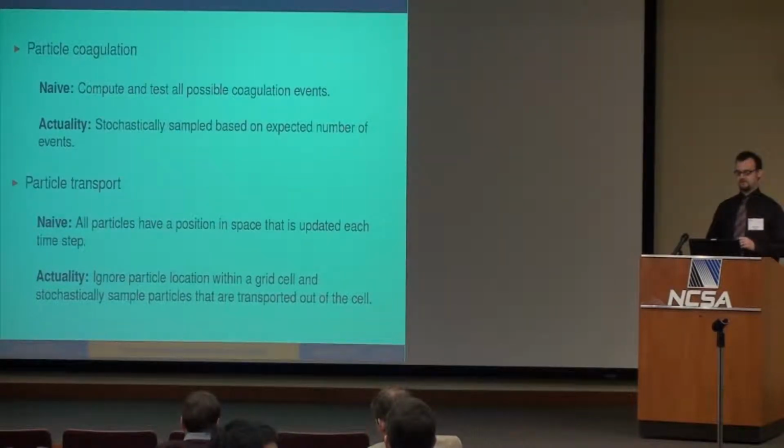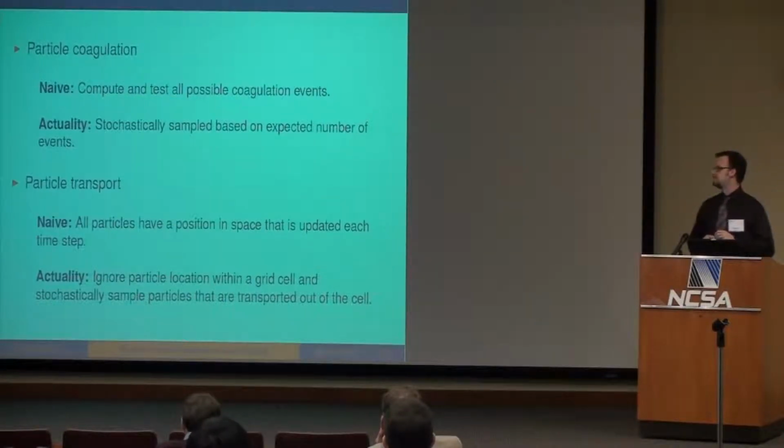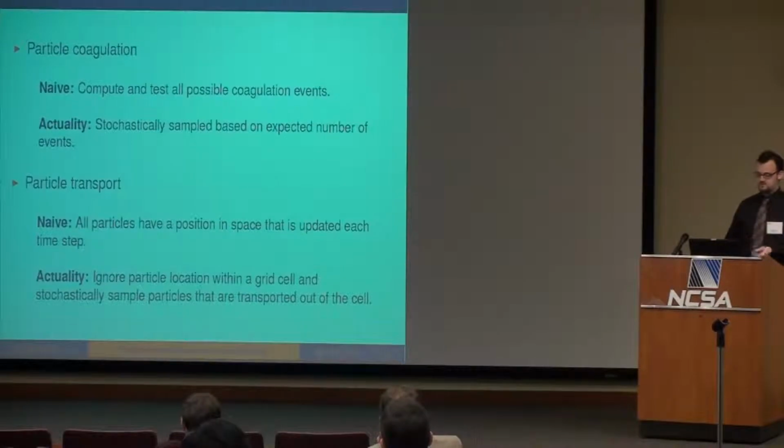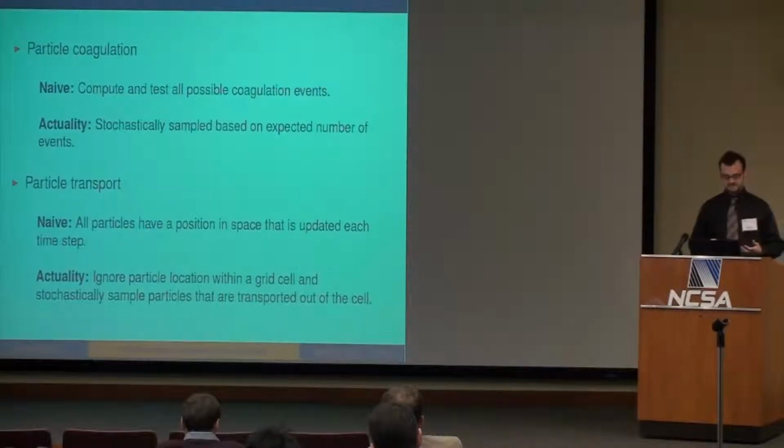Okay, so the benefits of the stochastic processes in the model. One such interaction is particle coagulation. That's when 2 particles collide. If we have n particles, there are n squared pairs of coagulation events. If we were to naively do this, we'd compute the probabilities of each of those particles coagulating with others, and then test all those events.